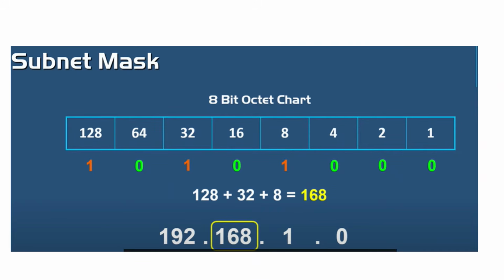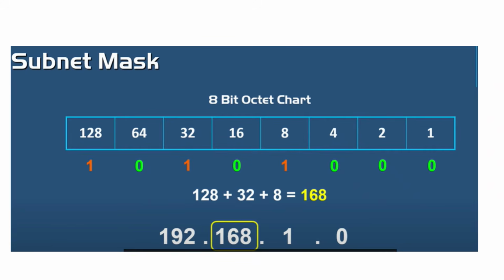For example, if you want to find the binary for the given DDN notation, that is 192.168.1.0, this 8-bit octet chart is the common chart. First you have to identify which bits to add.